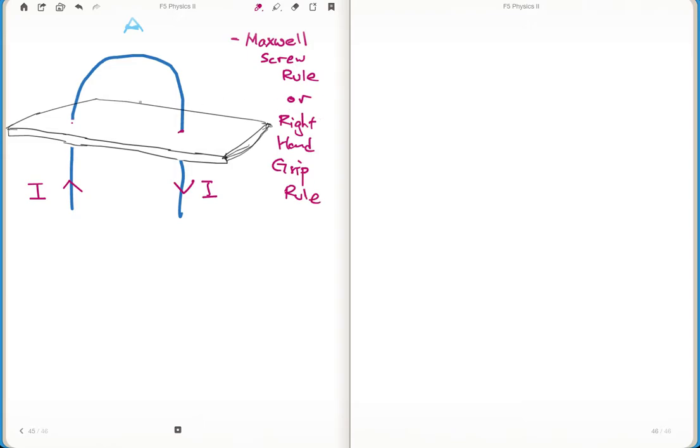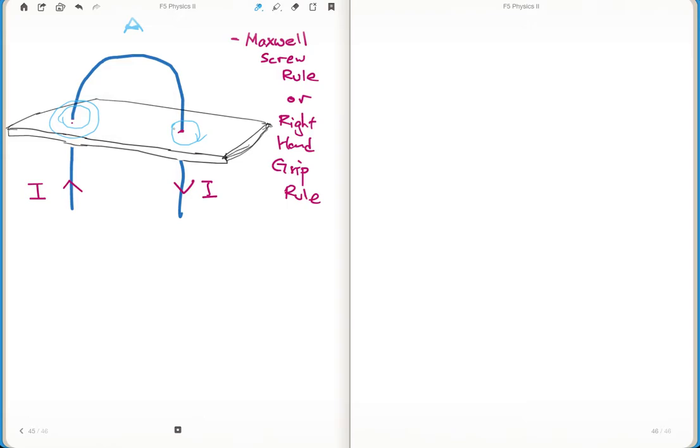What happens by placing a right hand with thumb up? All your four fingers will close around this wire. The same goes here. Current goes down, your thumb points downwards, and then your fingers will close around here.